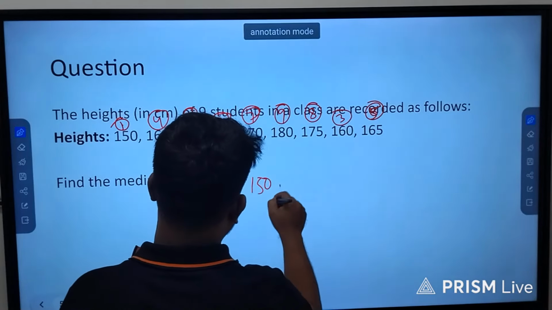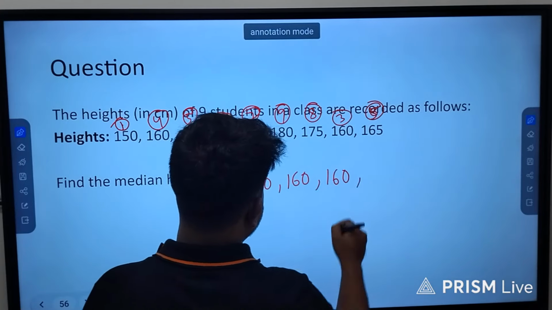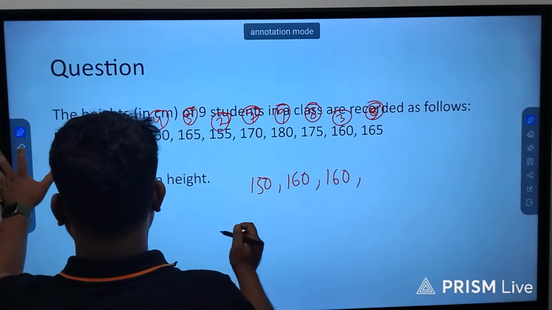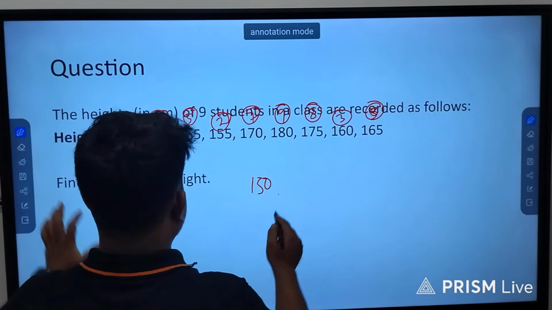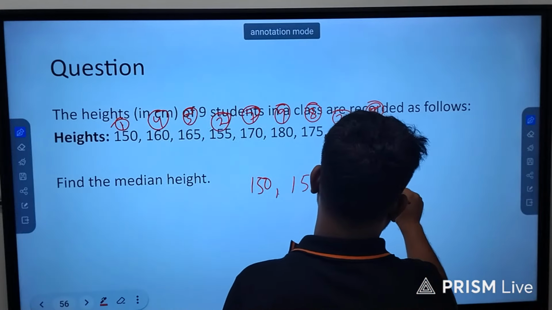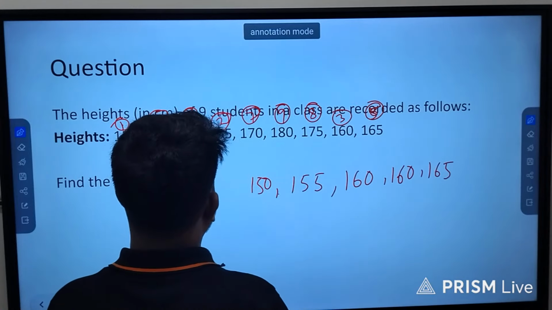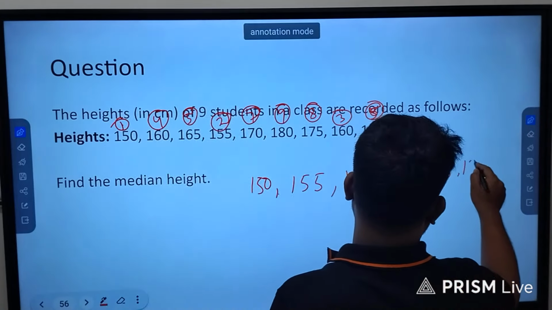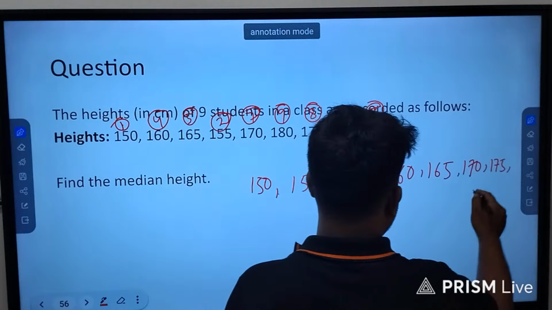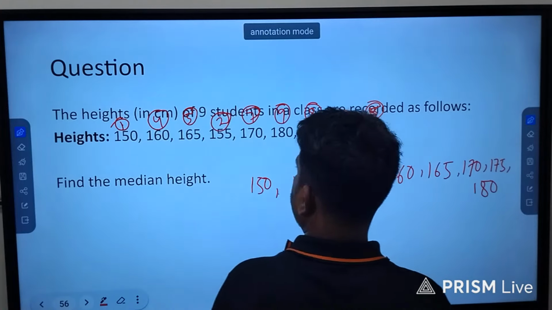So 150, then 155, then 160, again 160, then 165, then 170, then 175, then 180.